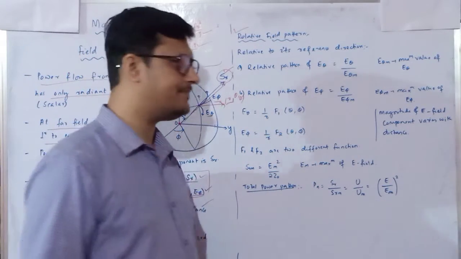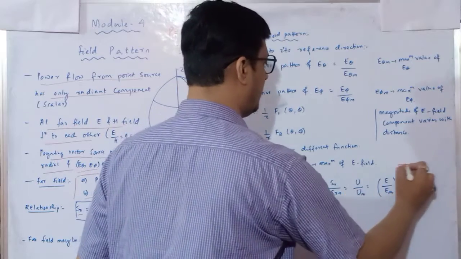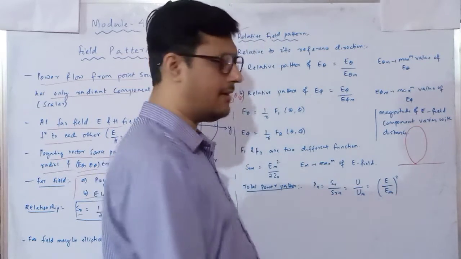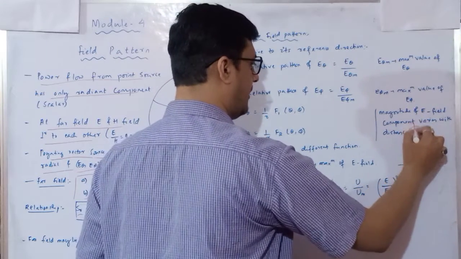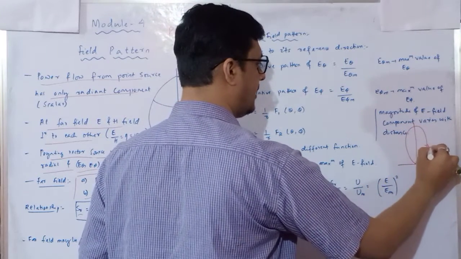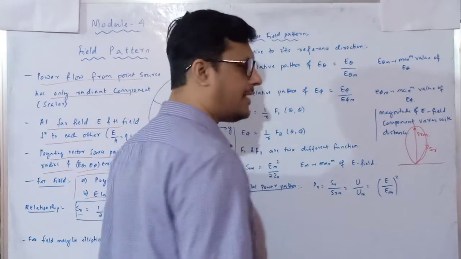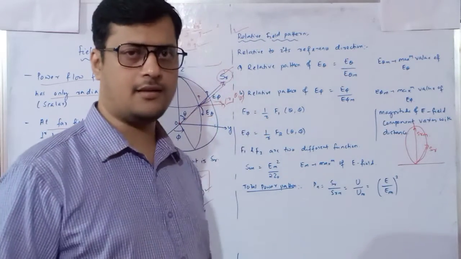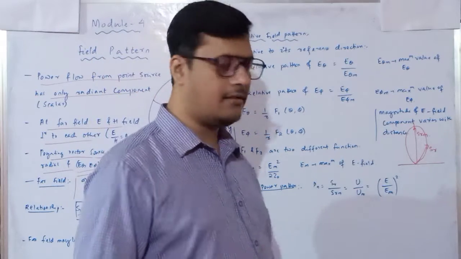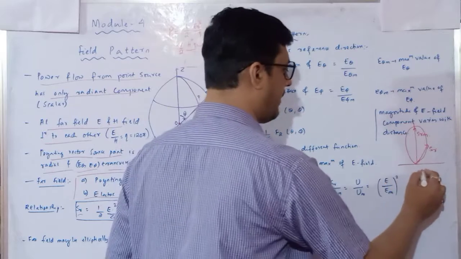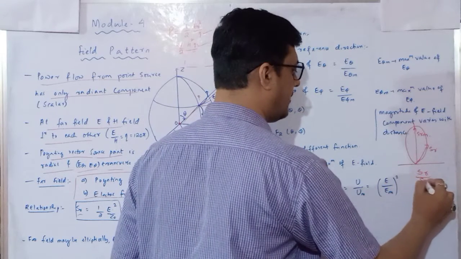For example, as we discussed last class, this is a radiation pattern, and this is SR and this is SRM. SR is the radial component of the Poynting vector, and SRM is the maximum radial component. So the relative value is SR divided by SRM.